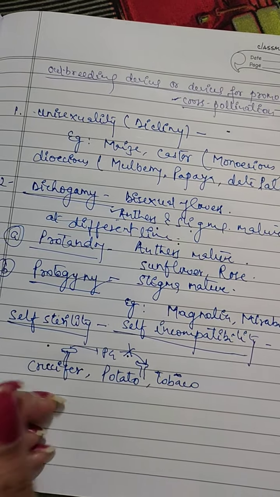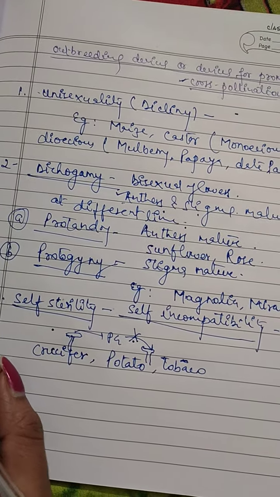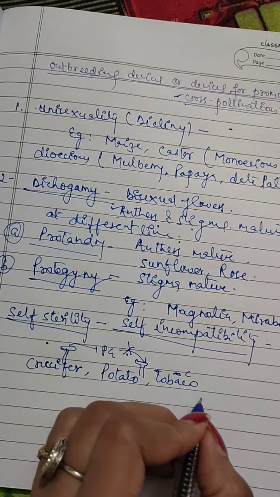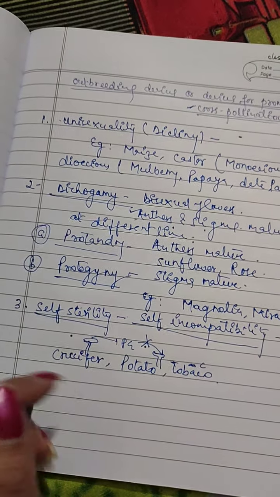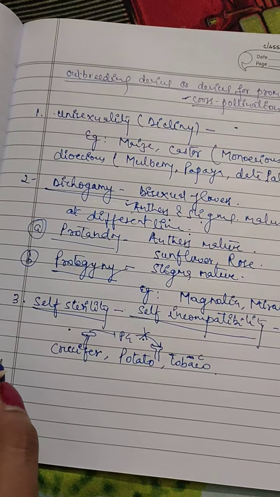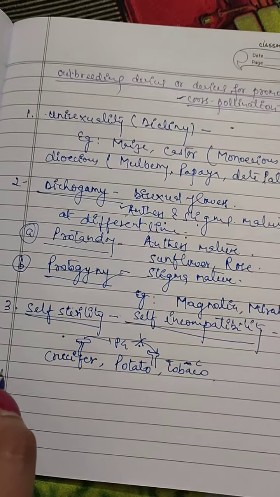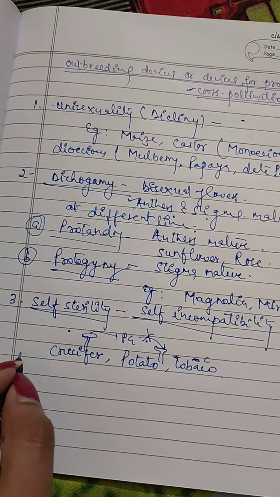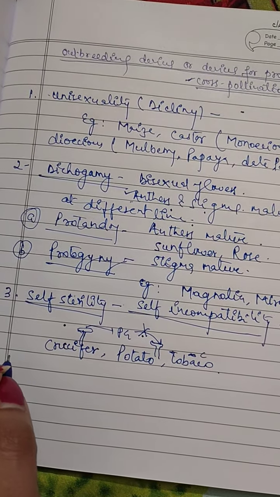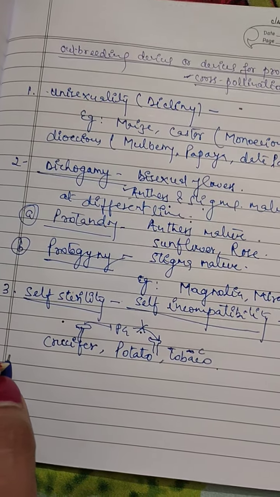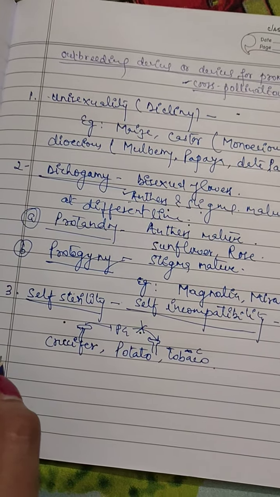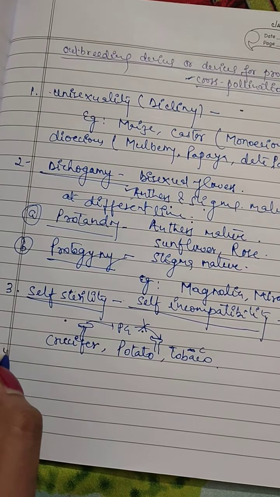Due to the presence of some sterile genes. So this is self sterility or self incompatibility, that the same flower cannot get pollinated due to the presence of some self sterile genes.